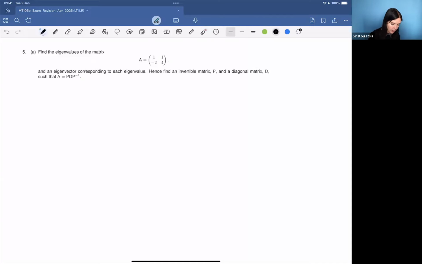So there is an equation that we need to solve. And what we solve is the determinant of the matrix A minus lambda times the identity matrix is equal to 0.